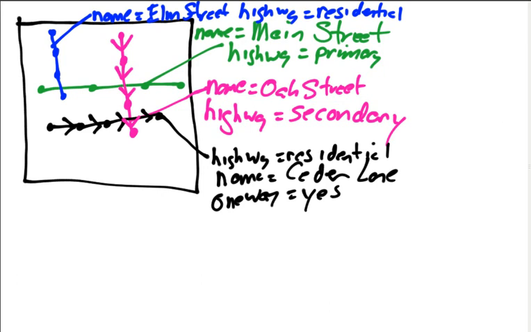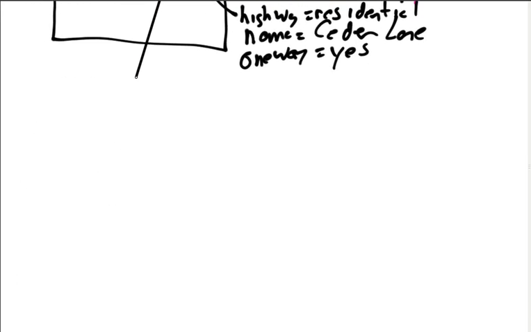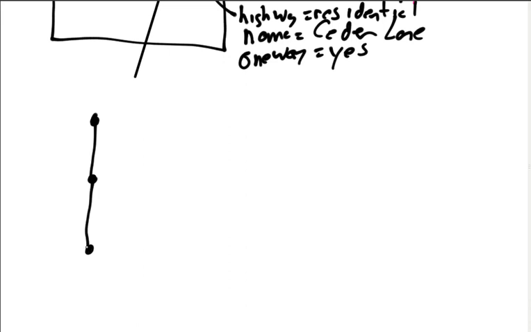So let me move a little bit and draw that. So let's draw two ways. And I'll just have three nodes. And we'll make another one, different color.